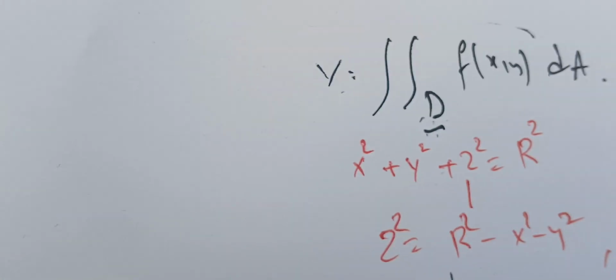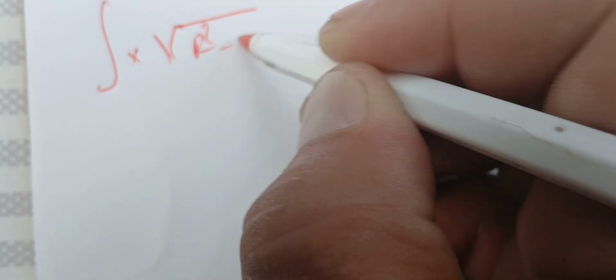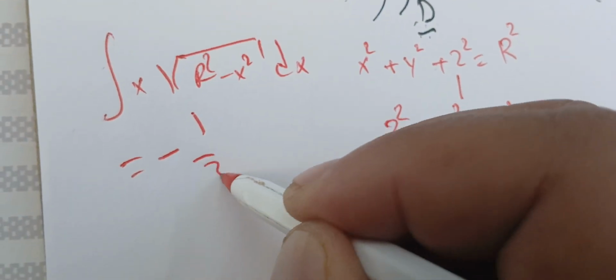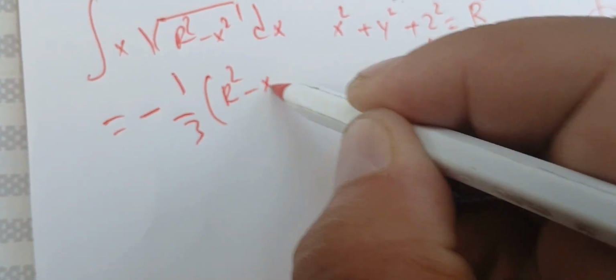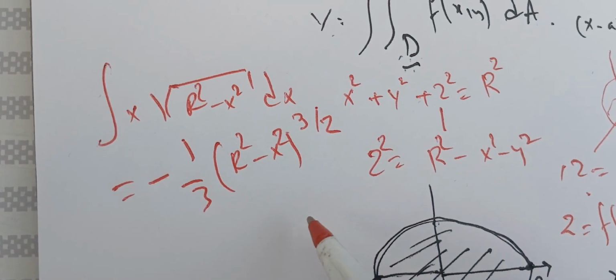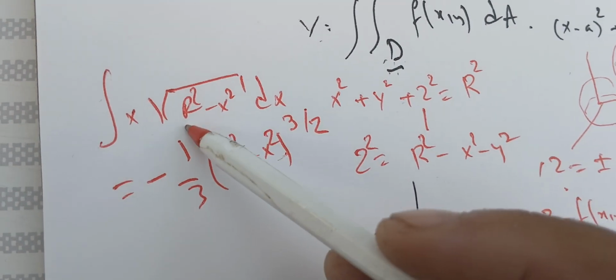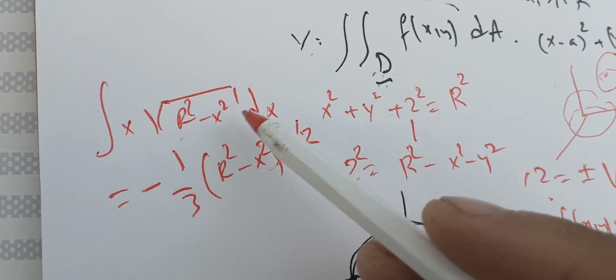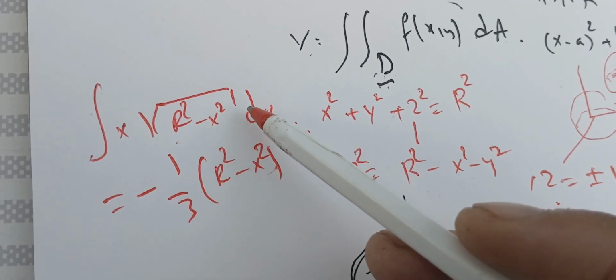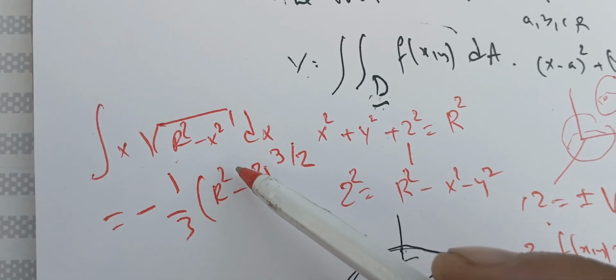Let me write it here. If we let this integral be the integral of x times the square root of big R squared minus x squared dx, it is minus 1/3 times (big R squared minus x squared) to the power 3 over 2. You can check it either by differentiating or by using a change of variable. In this case, the best change of variable is to let x equal r sine theta.